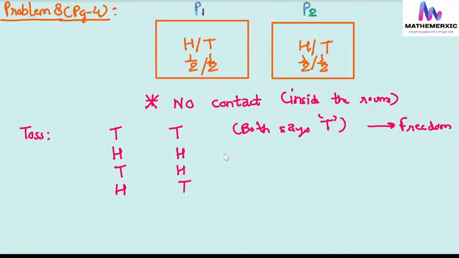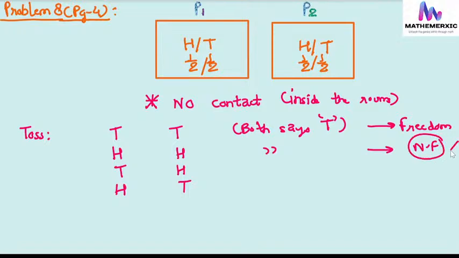So freedom is there. And whenever both say H, both is tail here. So what are the cases we have to find? By a strategy beforehand, the prisoners can guarantee freedom. So if they say tail here, it will not work out. If both say tail here, no freedom.